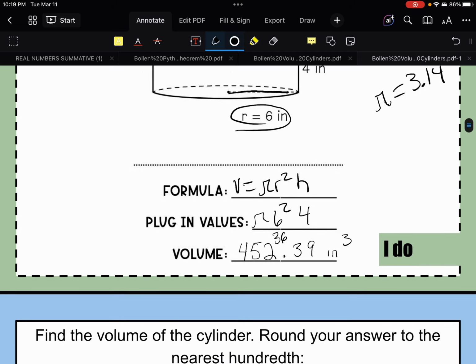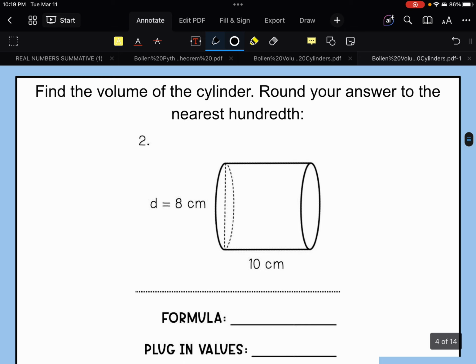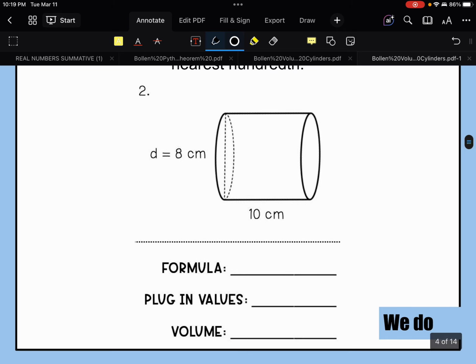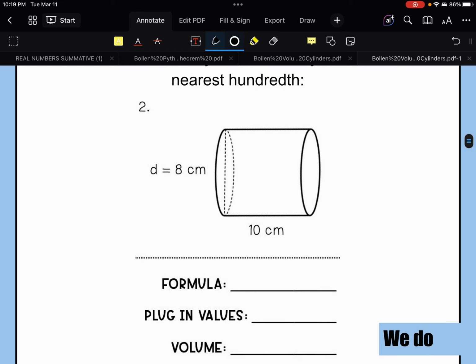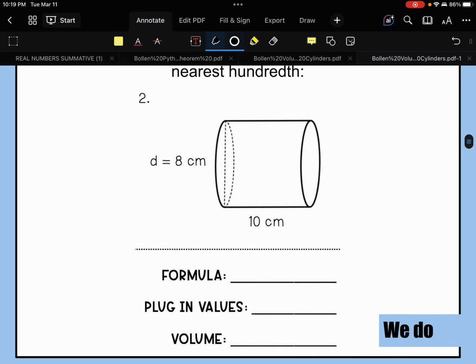So the next question is find the volume of the cylinder. So the first thing we do is we write our formula, which is volume equals pi r squared times our height.